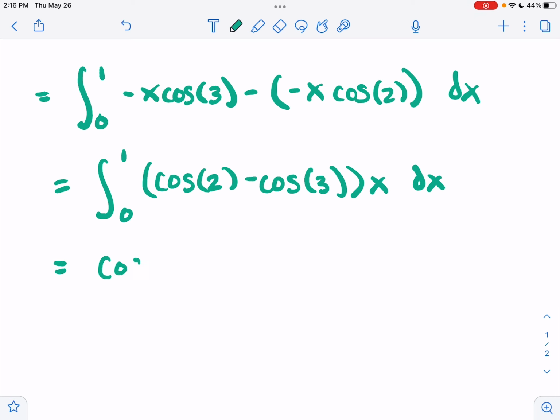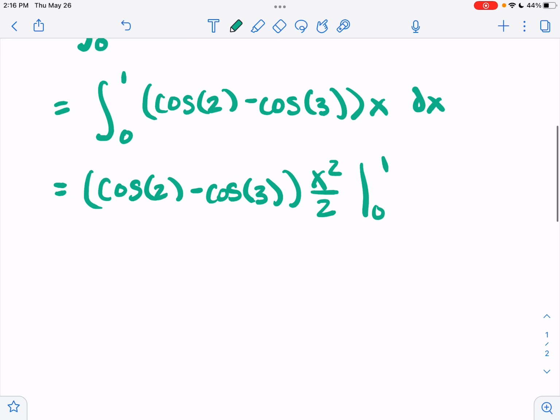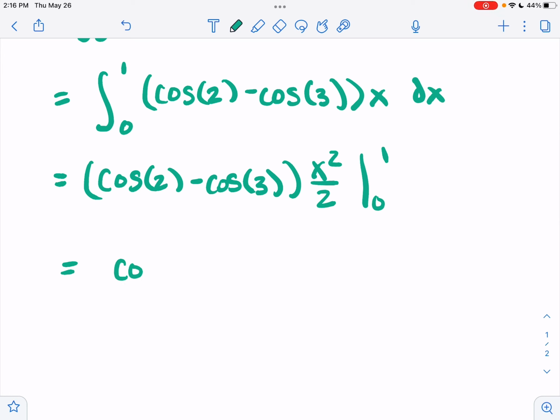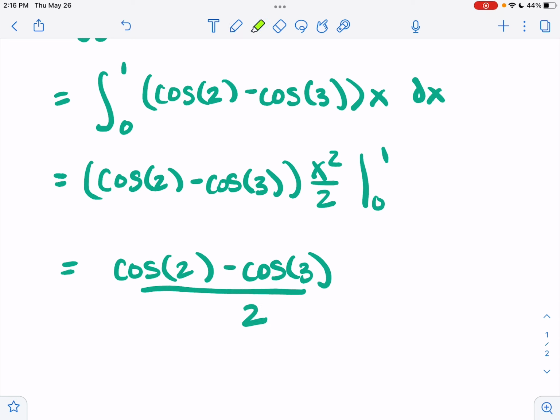We end up with a cosine of 2 minus cosine of 3 times x squared over 2 from 0 to 1. And that's just cosine of 2 minus cosine of 3 divided by 2, and that's the answer to this problem. That's the value of this double integral and the volume under that surface.